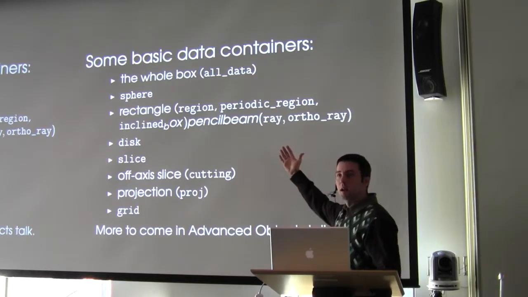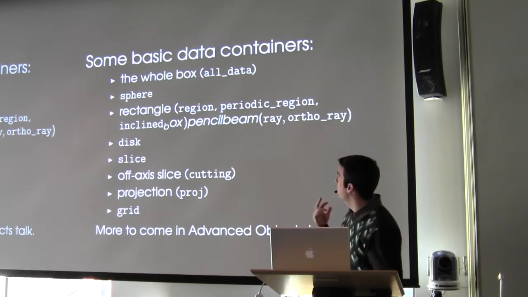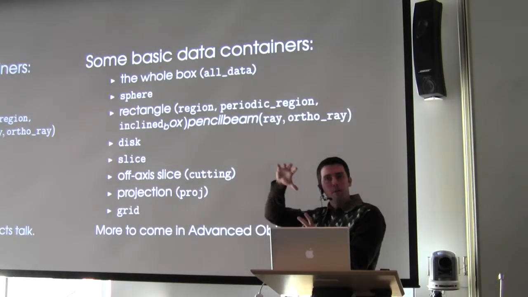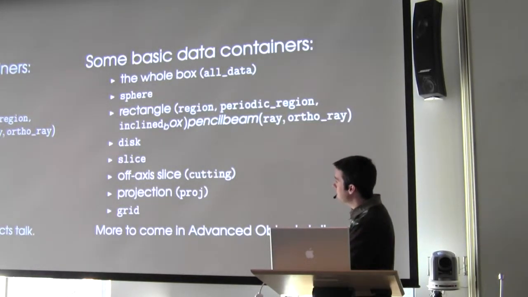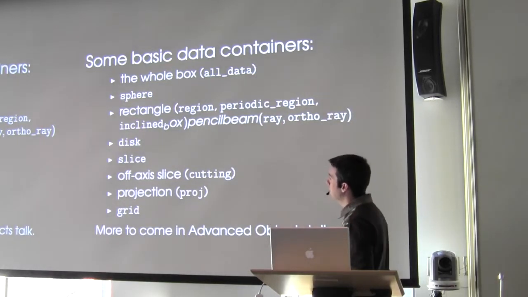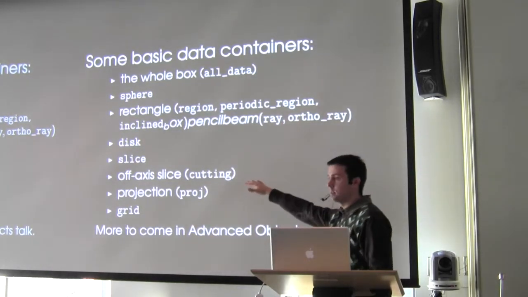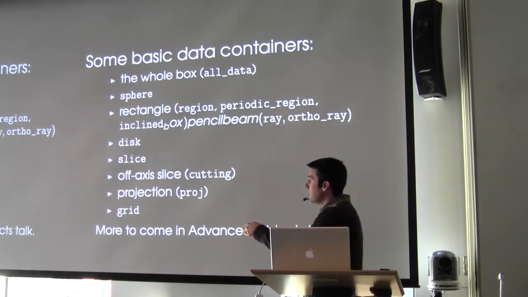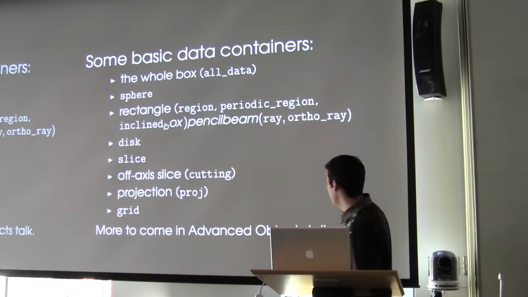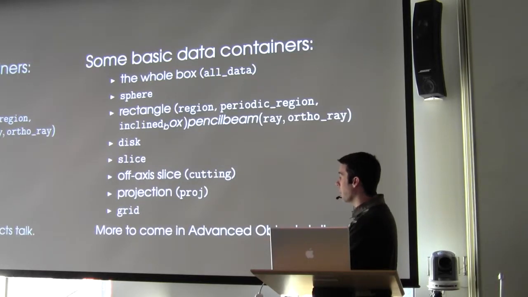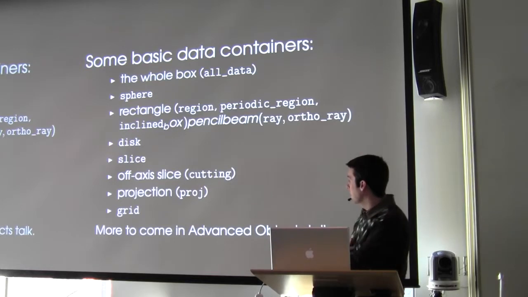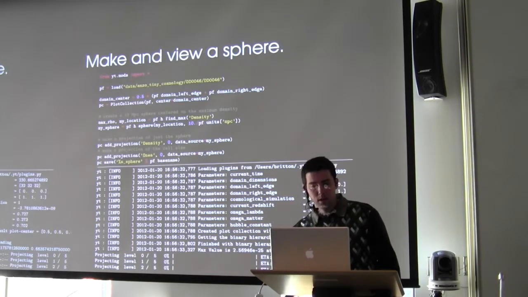We have regions that recognize periodicity of the domain. We have rectangular regions that are off of the principal axes. We have disks, slices, off-axis slices, cutting objects, projections, and even each individual grid itself is a data container. There will be more discussion of more advanced data containers later in the advanced objects talk.